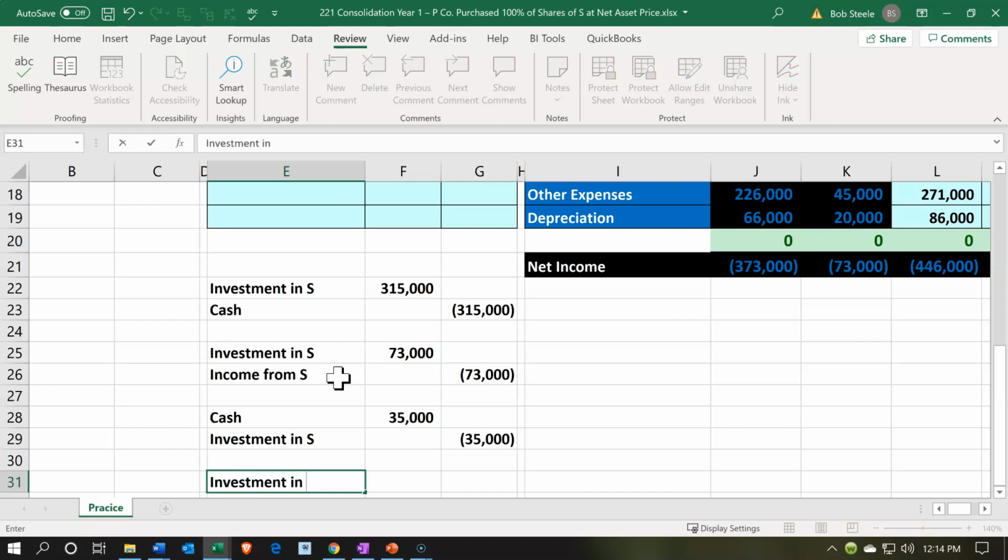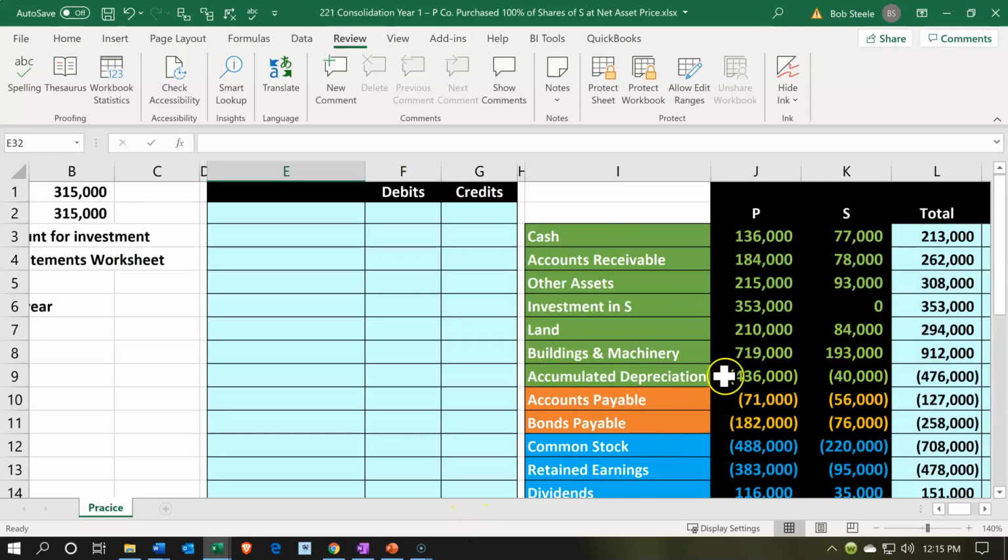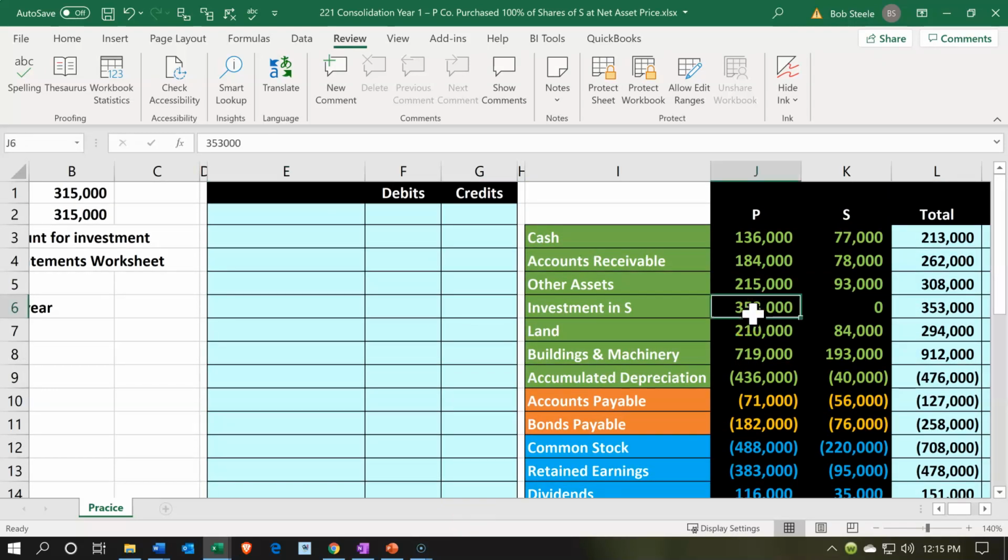Investment in S: the effect is that it's going to be increasing here, and then decreasing here. And that results in that 353, the 353 we see up here. So that might help to think about the elimination process, because those are the accounts we're going to have to basically reverse out.